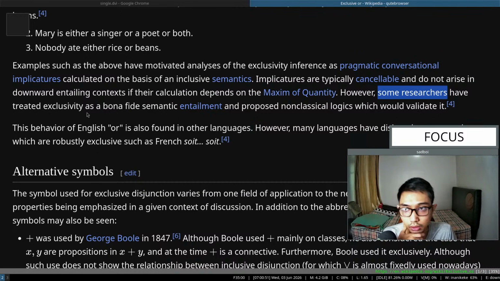Some researchers have treated exclusivity as a bona fide semantic entailment and proposed non-classical logic which would validate it.